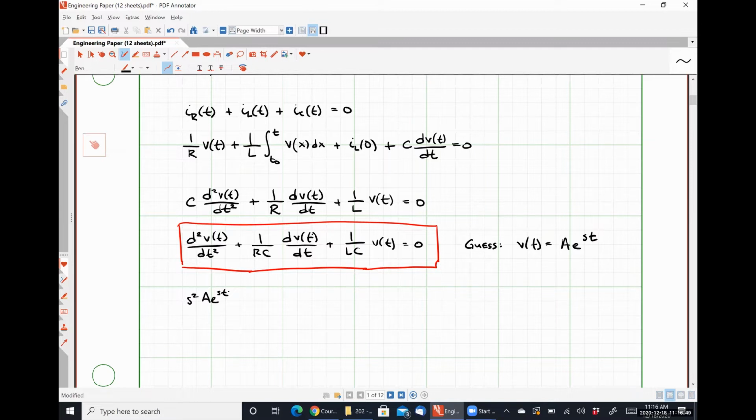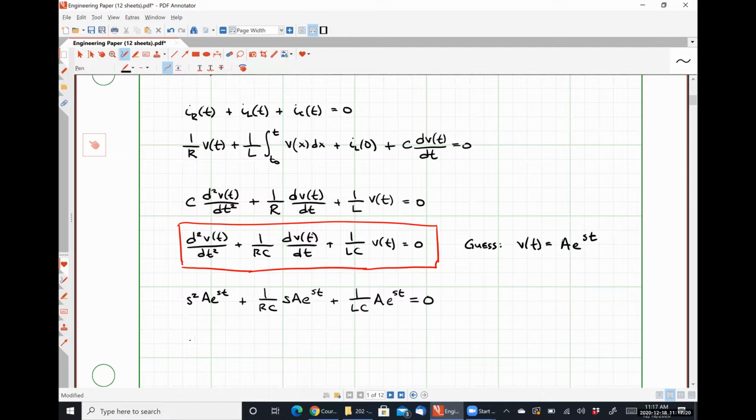So the first derivative is going to be s A e to the st. The second derivative should be s squared A e to the st, I believe. Plus 1 over RC s A e to the st plus 1 over LC A e to the st is equal to 0.